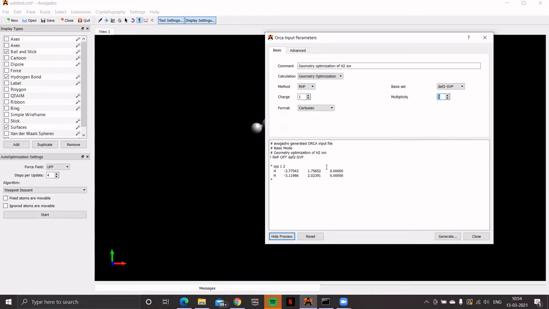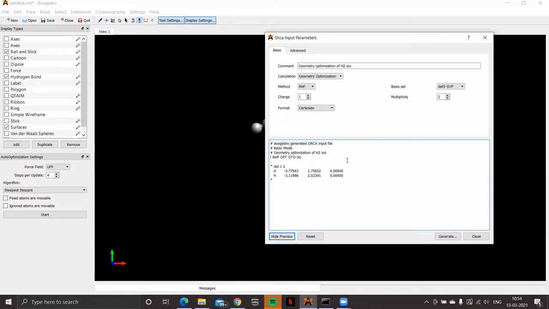And then let me change this basis set and make it simple, STO-3G. Let me see what is the bond dissociation energy and the bond length we are getting after the geometry optimization of H2 positive ion at the level of restricted Hartree-Fock, but this is going to be unrestricted Hartree-Fock because that's an unpaired electron, that's an open shell molecule.